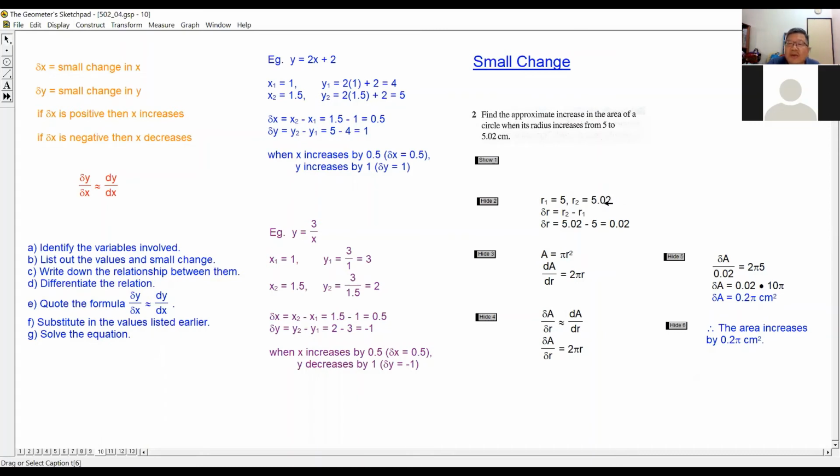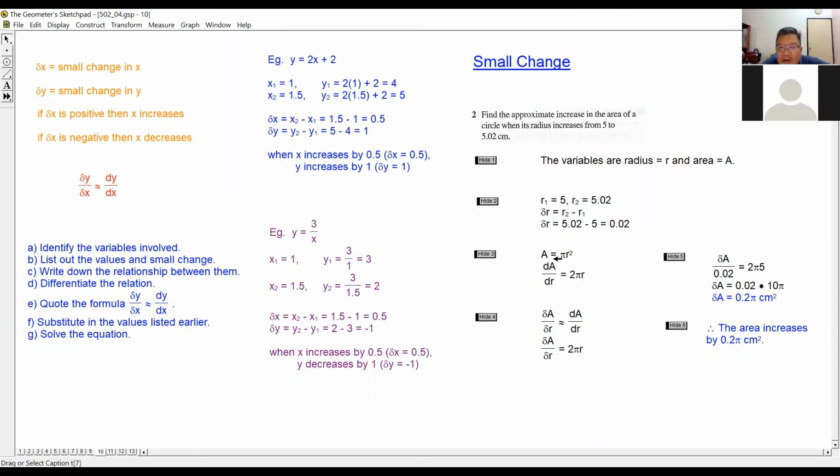You substitute this number inside the formula, take A2 minus A1, and see whether you get this number or not.